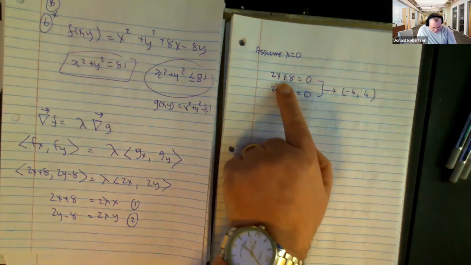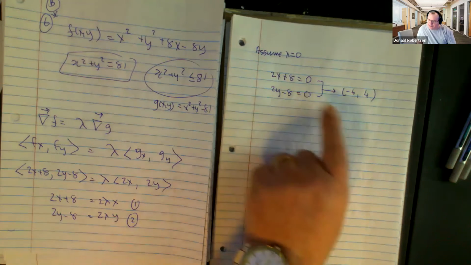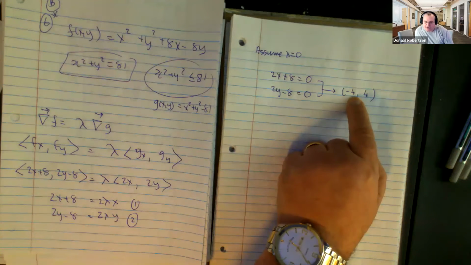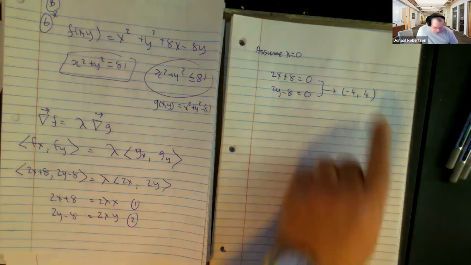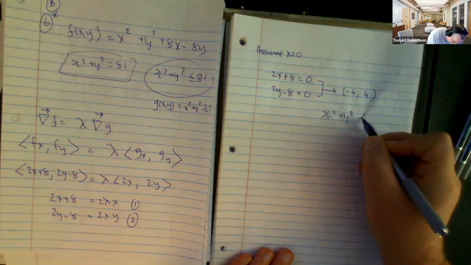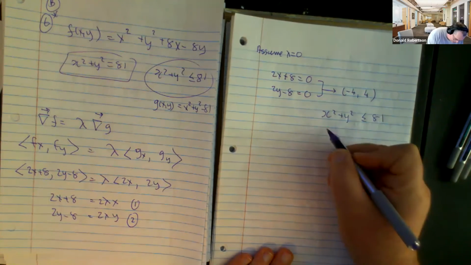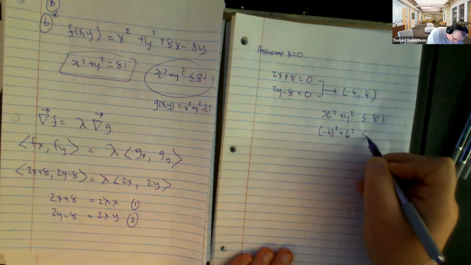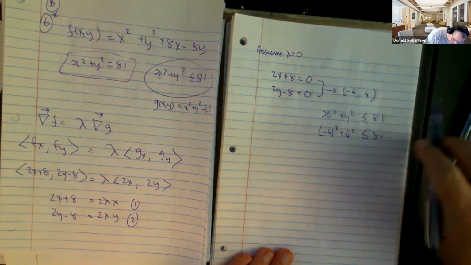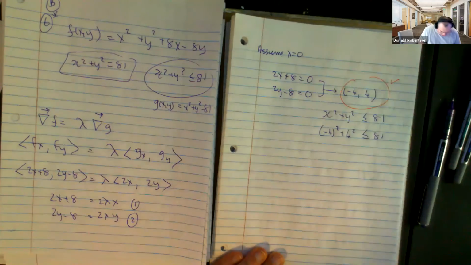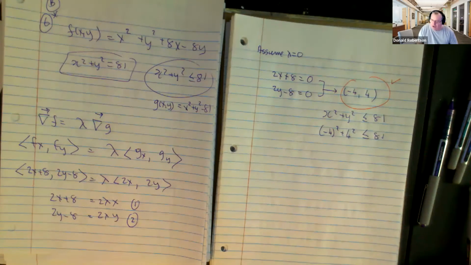Are you comfortable with what the solution would be? So they're saying to us, that might be a place that you're interested in looking. Now, if I do my constraint function, which is that guy, isn't -4 squared plus 4 squared less than or equal to -1. So we finally found a question where lambda equals 0 was usable.